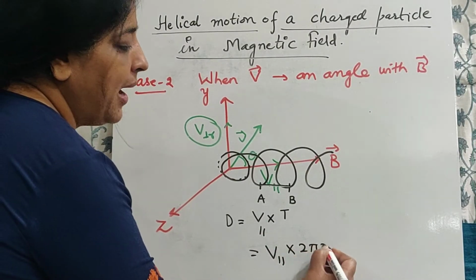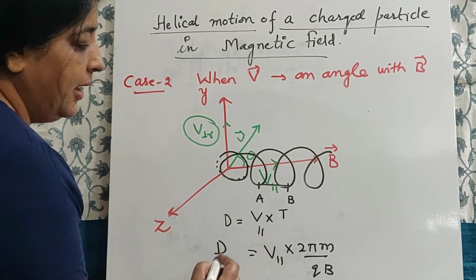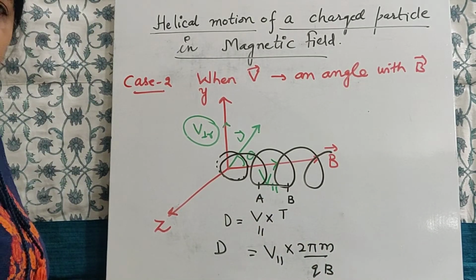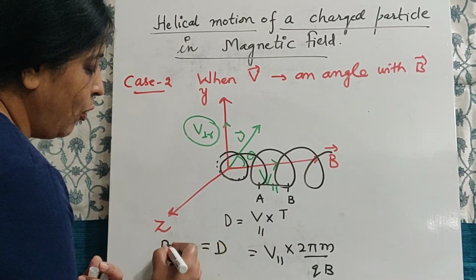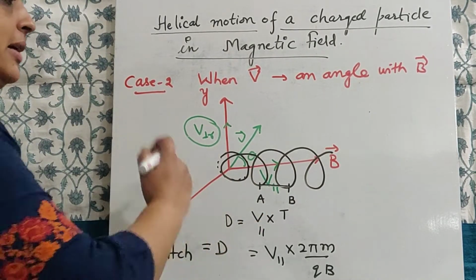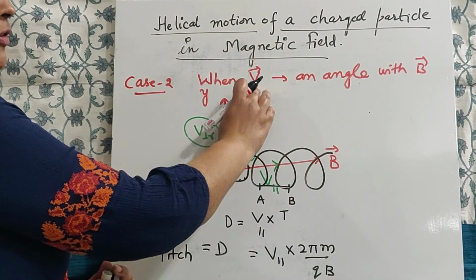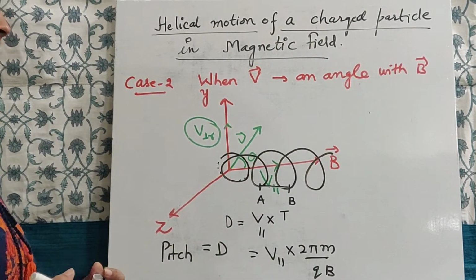It was 2 pi m by qB, and therefore the distance is V parallel into 2 pi m by qB. This distance is also known as pitch, which is the linear distance moved by the particle in one circular path when the velocity is making an angle with B.